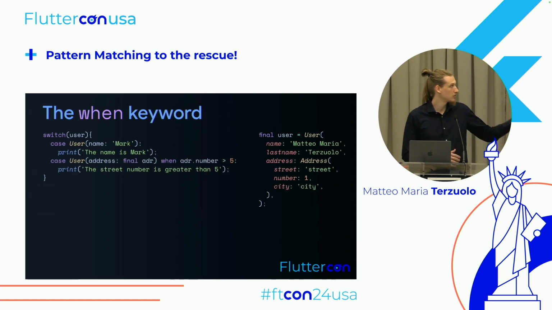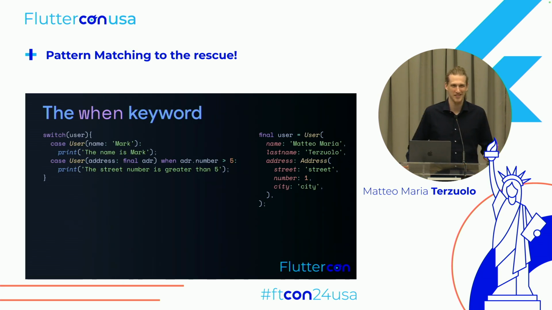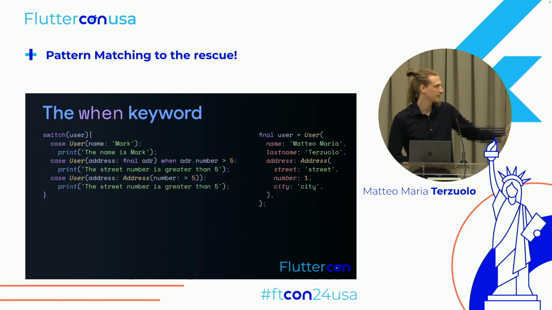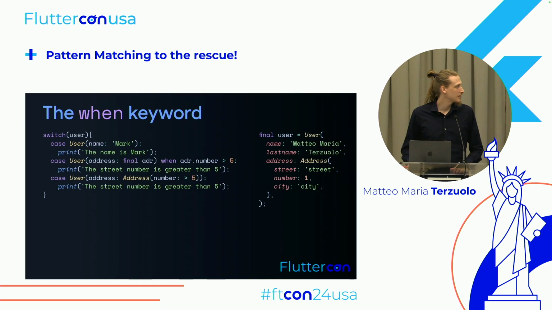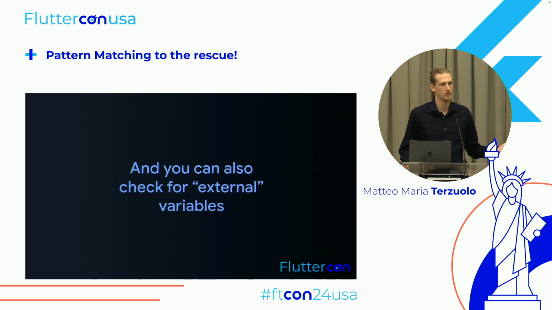And for example, we can also do this. We have a user, we extract the address, and then we check if the number of the address is greater than 5. Also this case is not very useful, because you can also write it like that. But I think that the real scenario where the when keyword is game-changing is when you try to check for external variables.